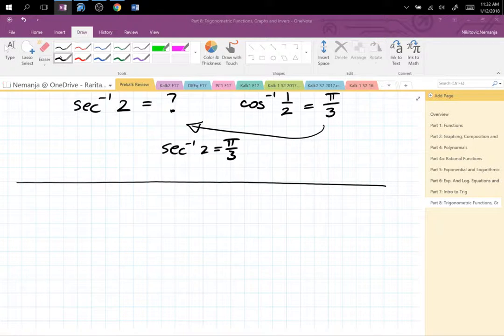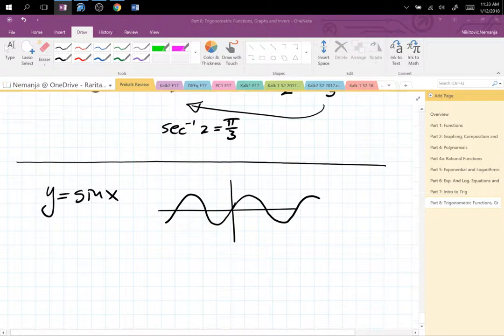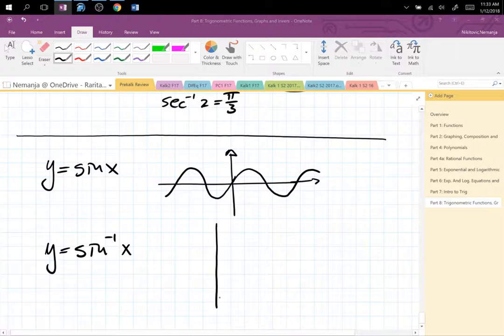So to start off and understand the issue, we go with the vanilla sine x graph, which when we graph on its infinite wave like this, clearly fails the horizontal line test. So that means that as you draw your inverse sine graph, it's not a function, because it is going to do this wavy behavior along the y-axis, which fails the vertical line test miserably.